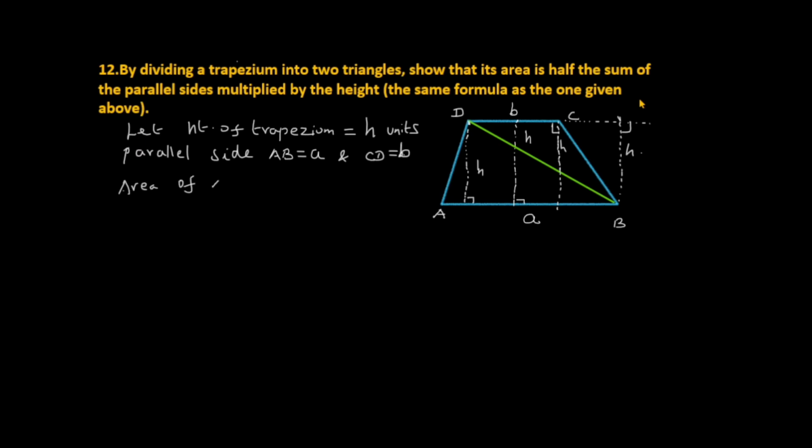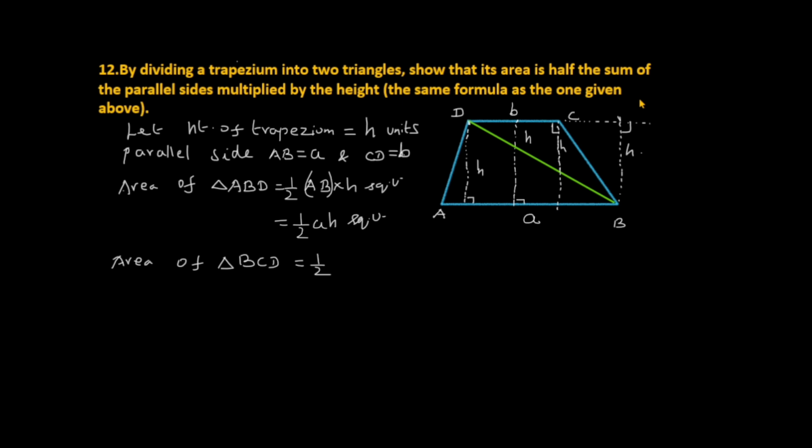Area of triangle ABD is equal to half into base AB into height square units. So the length of AB is A units, so A H square units. Now area of triangle BCD is equal to half into base CD into H square units.